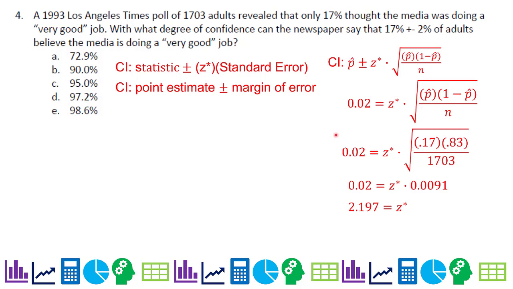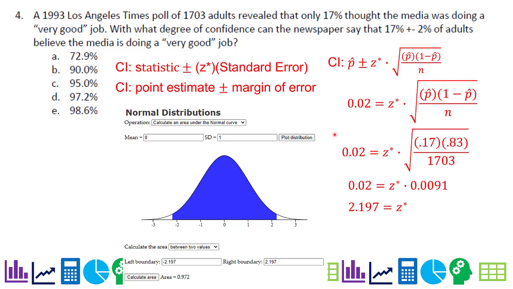Just to give you the visual, I'm going to show you the applet, then I'll do the calculator. So here's the applet, and I have my z value, so I put 0, and I put 1. And then I put this as my left and my right boundary, and the area captured is 0.972, or 97.2%.